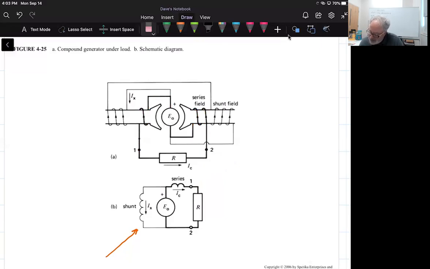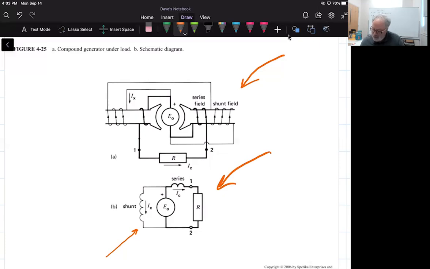And this is our shunt field here. If you follow this out a little bit, you can see how this shunt field is in parallel with this. You can see it here in the pictorial, but it's much more obvious, and a lot easier to see, I think, with the schematic diagram there.